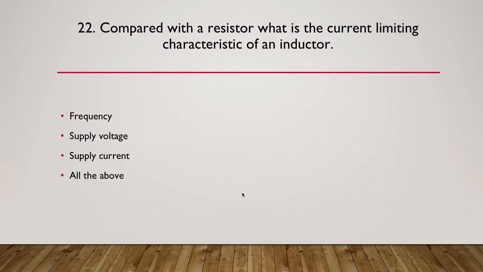So question 22. Compared with a resistor, what is the current limiting characteristic of an inductor? We've got 4 choices: frequency, supply voltage, supply current, or maybe all of the above.